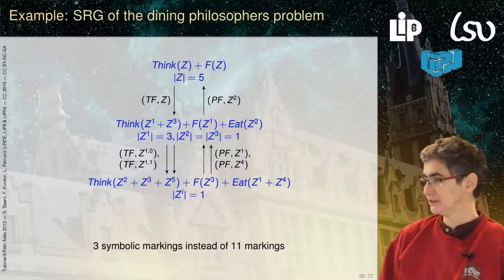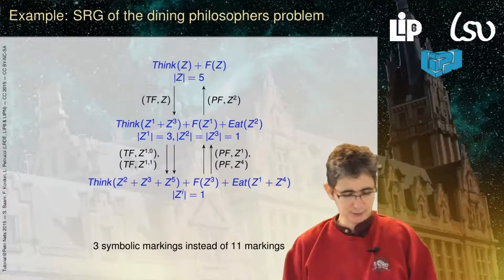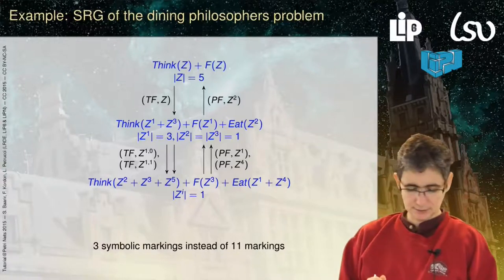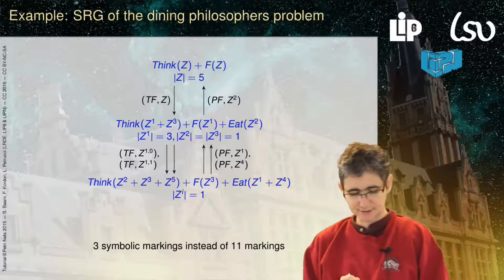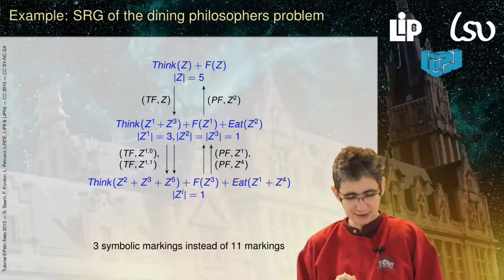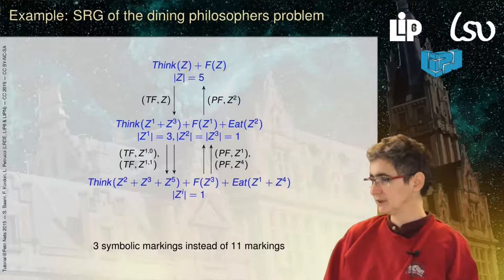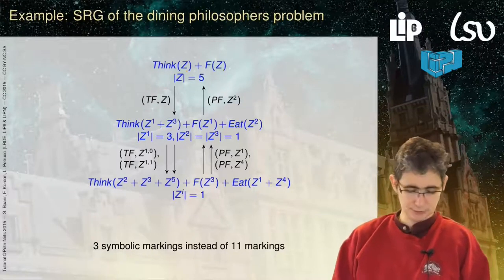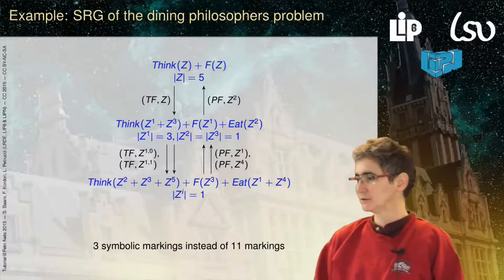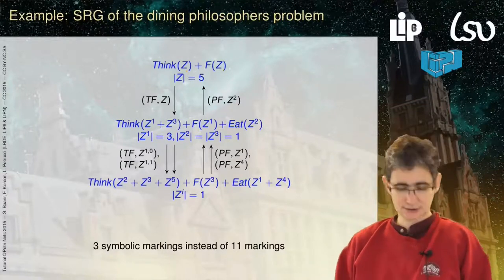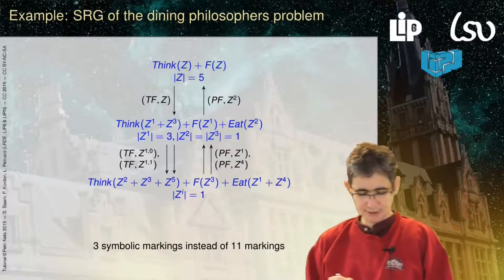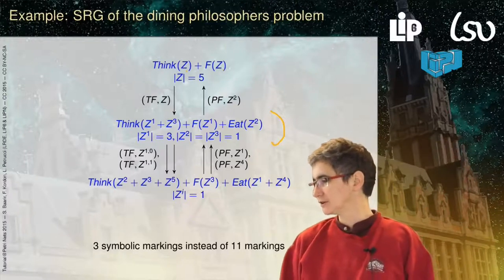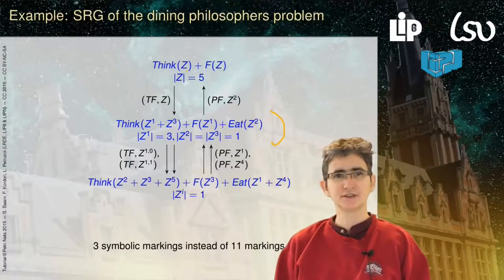The same applies to the dining philosophers problem. Initially you have a class of Z5 philosophers that are thinking. You have the 5 forks that are available. The only thing you can do is for one philosopher to take both of his forks. So a philosopher Z takes his 2 corresponding forks, and we obtain a new marking in which 2 classes of philosophers are thinking.